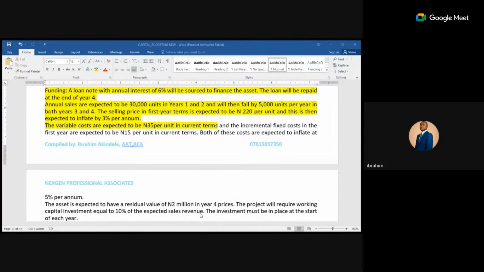Of course, you will use it in the production. In the current term means that it will be at year zero. Immediately after the current term, you have year one. But my point here is that incremental fixed cost does not vary according to what you produce, and that is the reason why the question says in the first year.